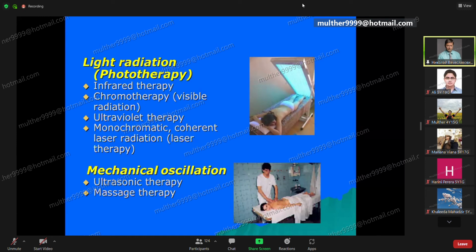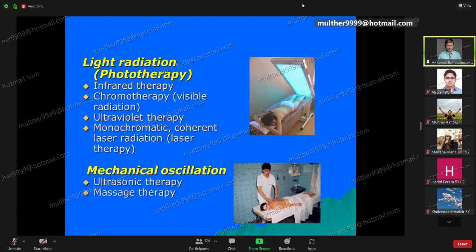On this slide, you can see the main methods of light radiation, or phototherapy. As I said, next lecture, next Monday, we'll devote to the description and explanation of methods of phototherapy.